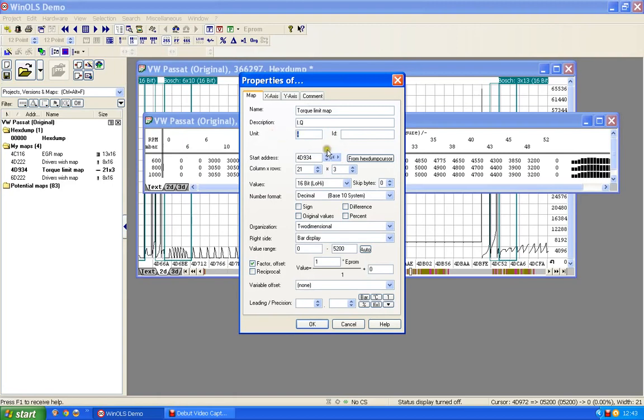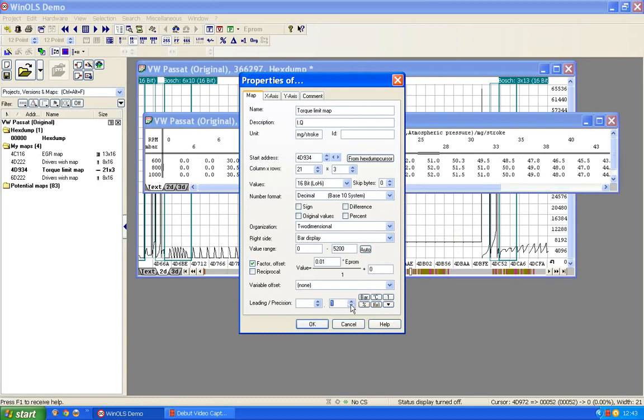The unit is probably going to be milligrams per stroke, which means that these numbers down here are probably not 3200, but are actually 32. So we probably want to make that 0.01 and get 32. And we probably want a value that makes some sort of sense after the decimal point.